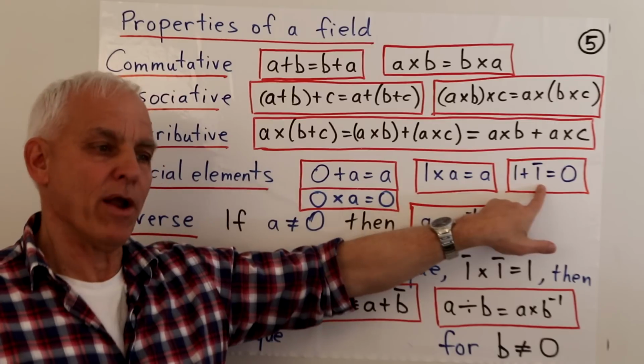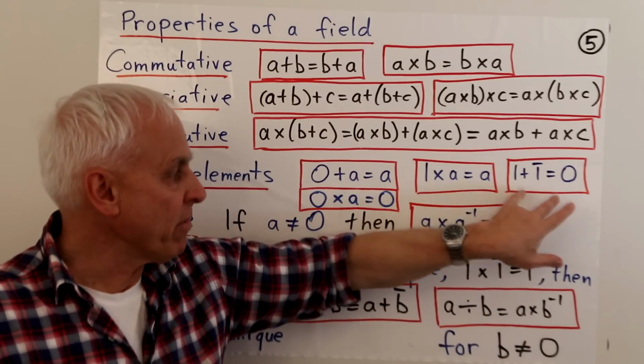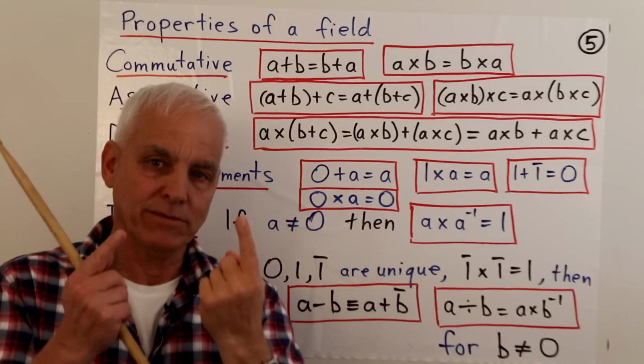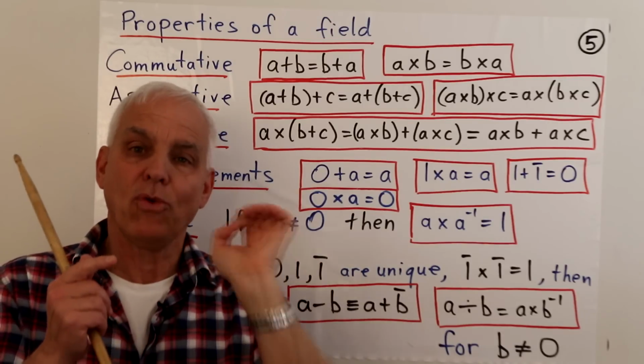And what about minus 1? Its role is determined by this equation, that 1 plus minus 1, or 1 bar, equals 0.